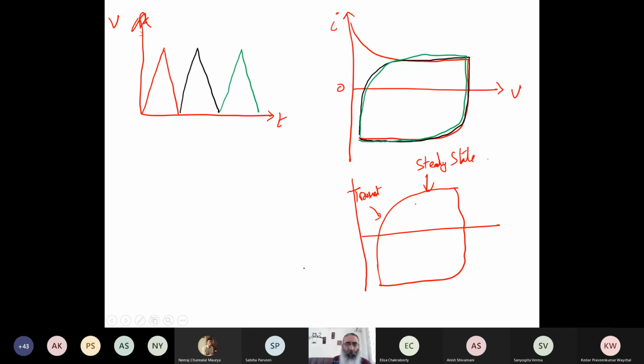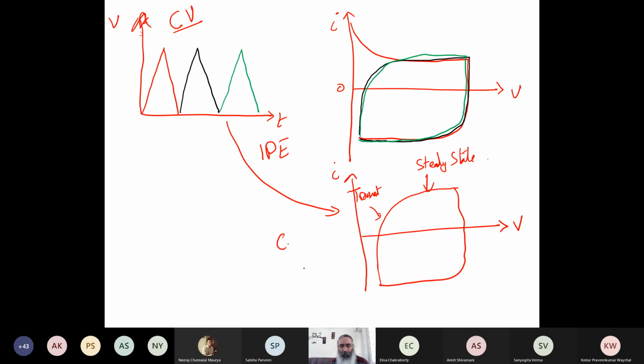Okay, so for this experiment of cyclic voltammetry, which I've abbreviated as CV, done on an IPE surface, you get a cyclic plot, and this is nothing but current as a function of potential.